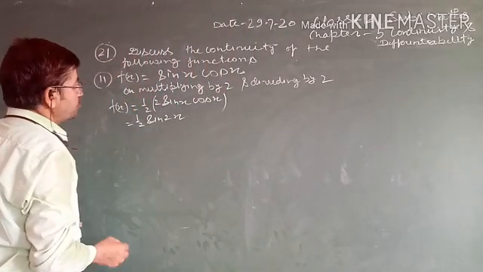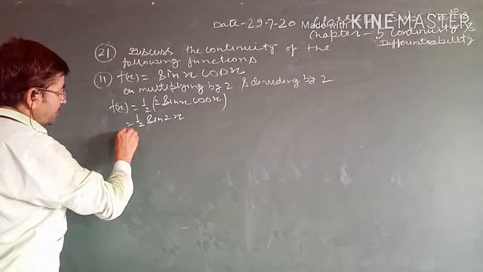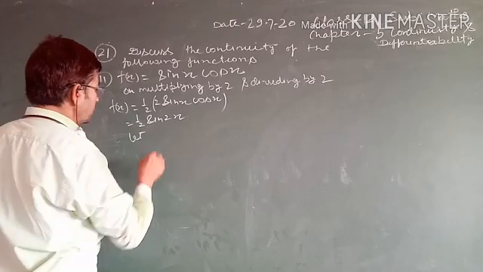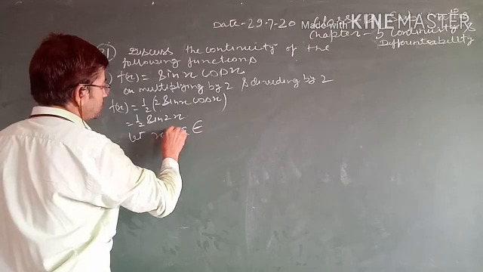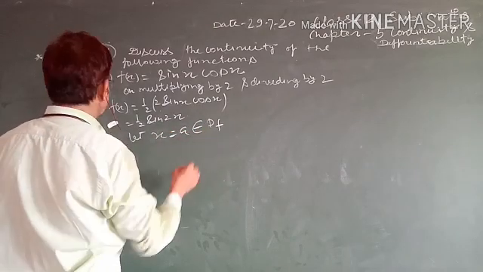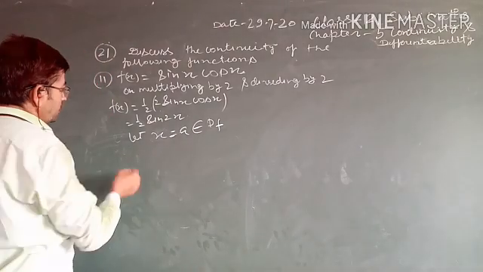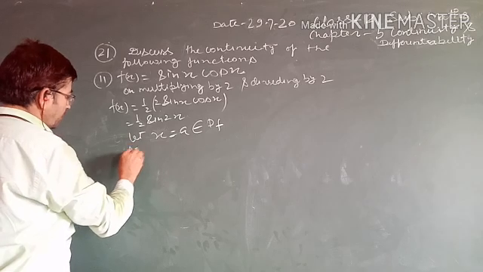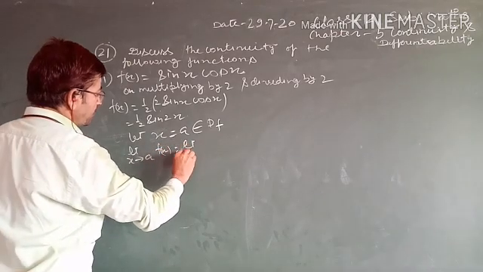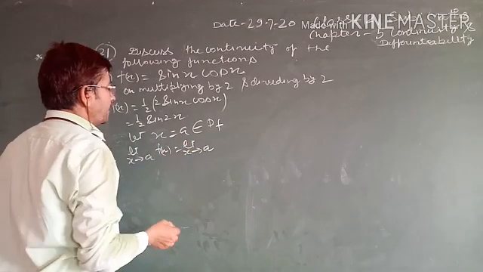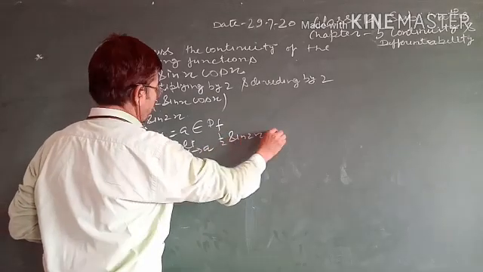So first I am going to find the limit value of the function. For the limit, we consider a value x equal to a belonging to the domain of the function, 1 upon 2 sin 2x. The limit of the function, limit x tends to a f(x), is equal to limit x tends to a of 1 upon 2 sin 2x.